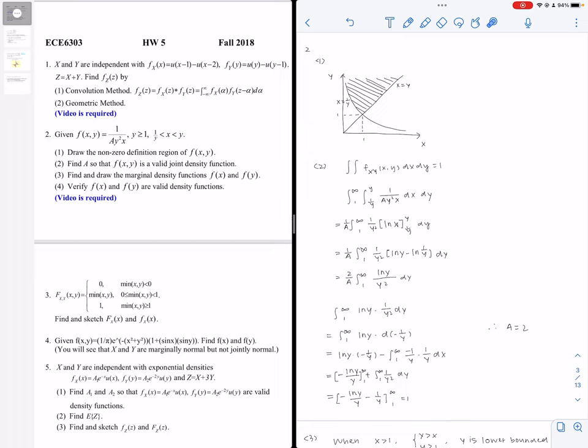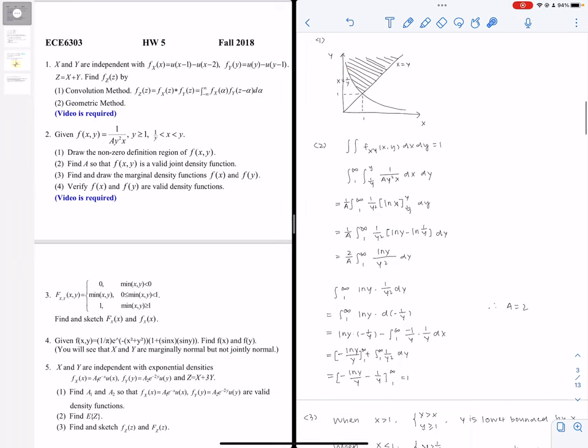And when y is larger than 1, that is to say from this point up, and then we need x to be larger than 1 over y, and that is so above this line and above this curve. Here we have almost like a triangle, but one of the sides isn't a straight line but a curved line.